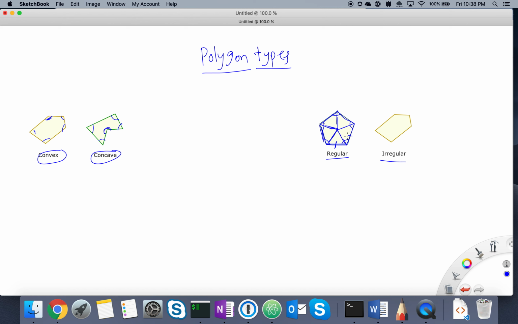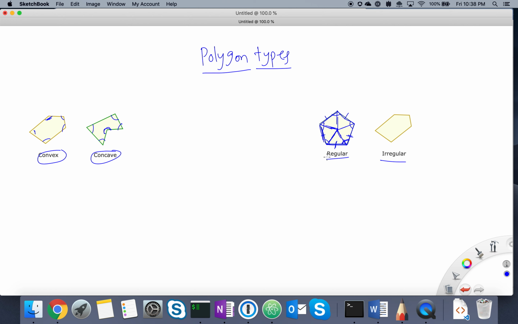All these sides are congruent, and these angles are congruent. And then these are all equidistant from the center of the regular polygon.